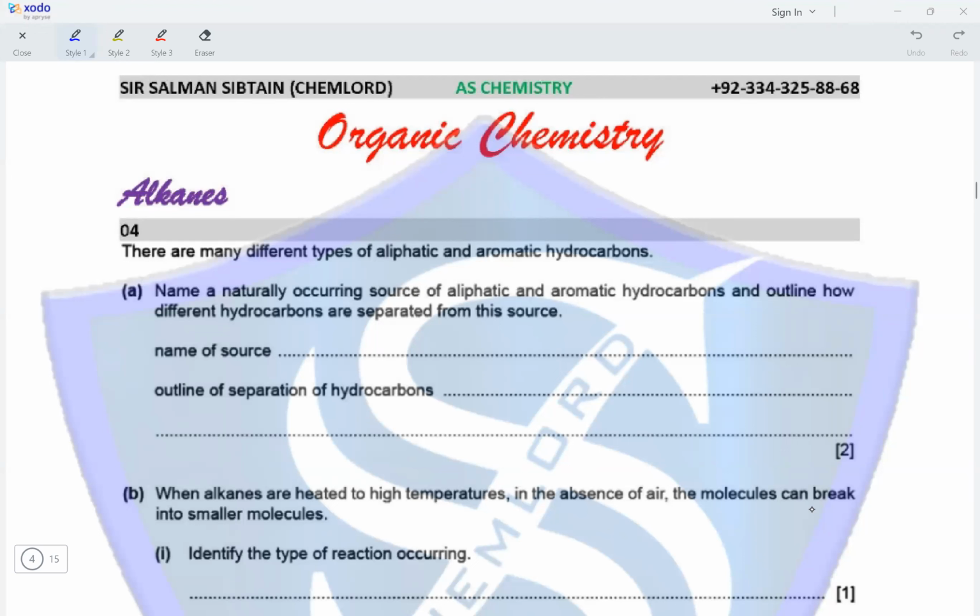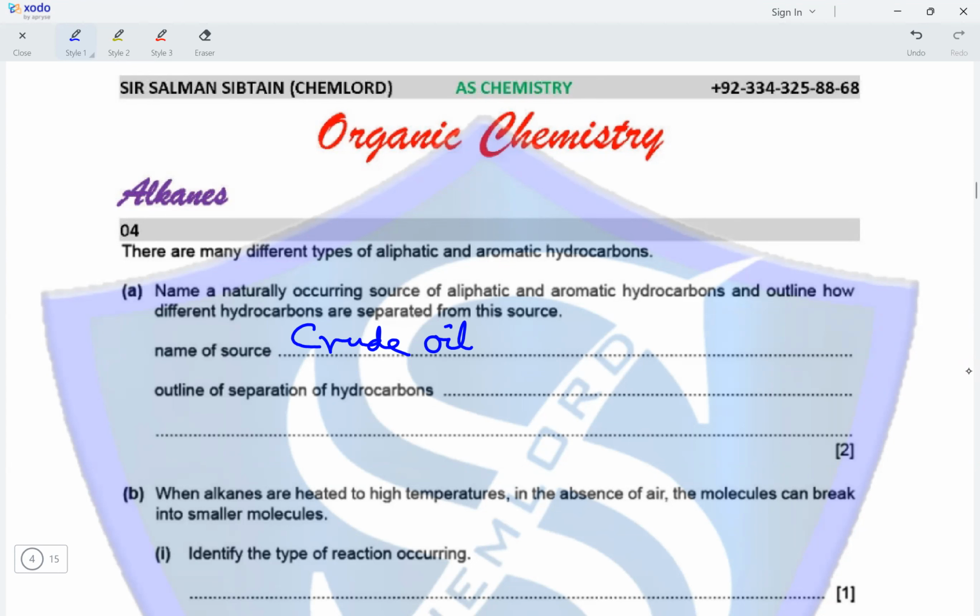Question 4. There are many different types of aliphatic and aromatic hydrocarbons. Name a naturally occurring source of aliphatic and aromatic hydrocarbons and outline how different hydrocarbons are separated from this source. So, a source of different aliphatic and aromatic hydrocarbons is crude oil.